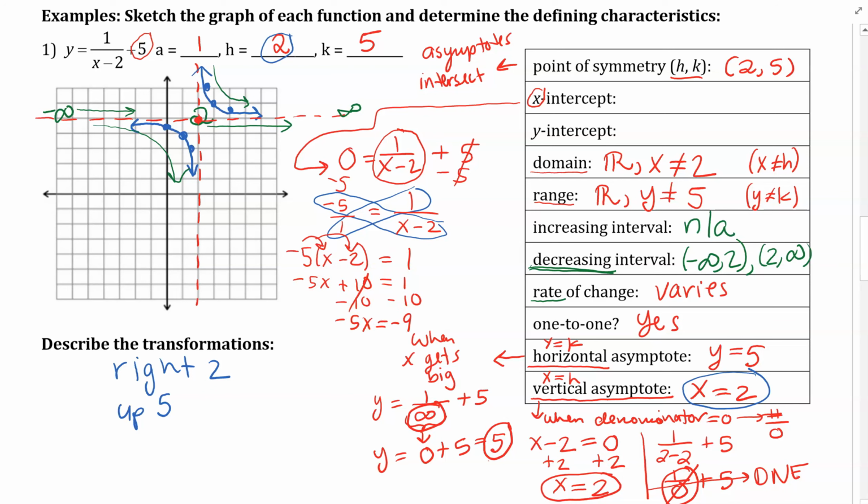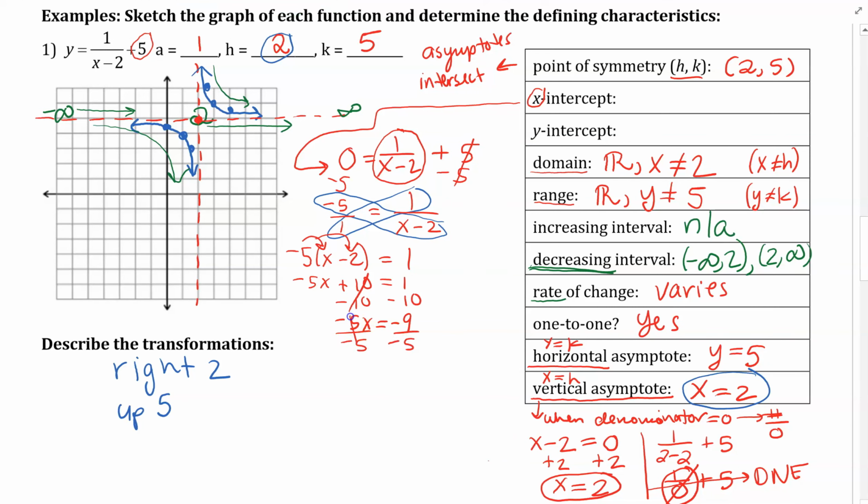I get -5x equals -9. And then I divide both sides by -5. So I end up with x is equal to positive 9/5 or 1.8, whichever value you prefer. And so let's write that here. So my x-intercept is (1.8, 0).